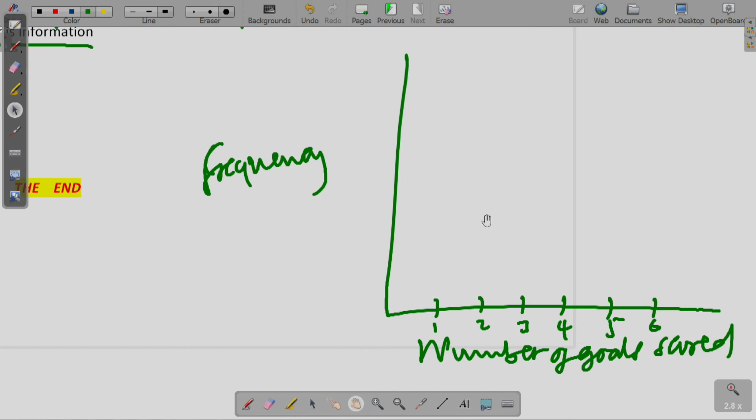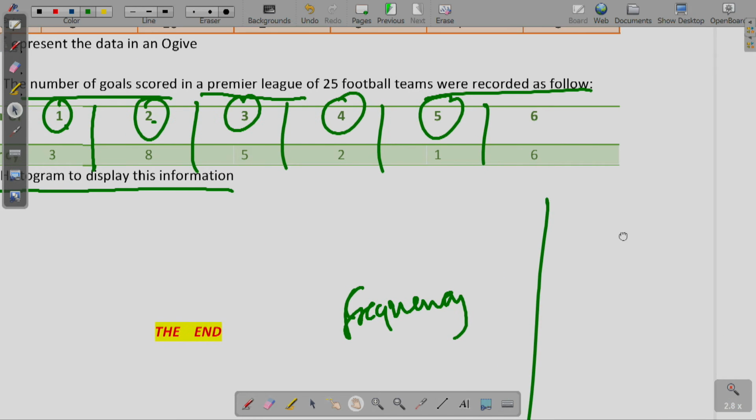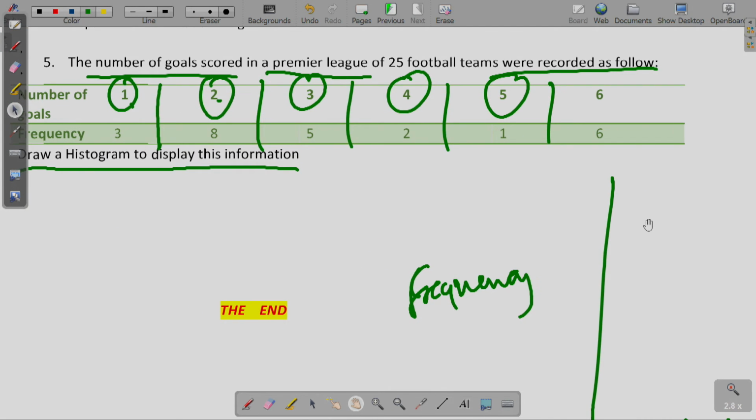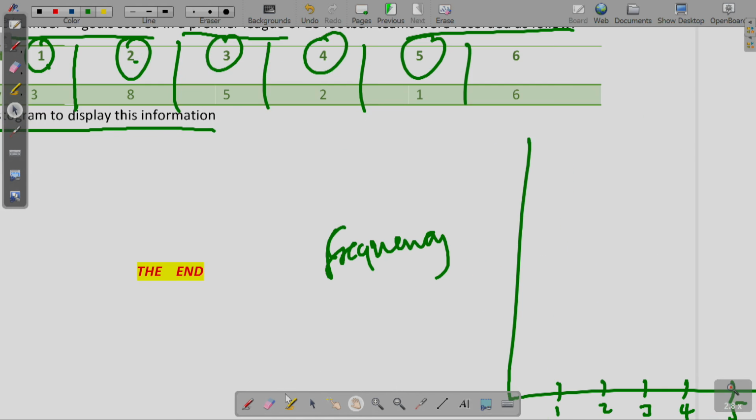Let's now put the frequency. Here we get 3 up to 8. So here we have 1, 2, 3, 4, 5, 6. For one goal we have frequency equal to 3. For 2 goals the frequency is equal to 8.